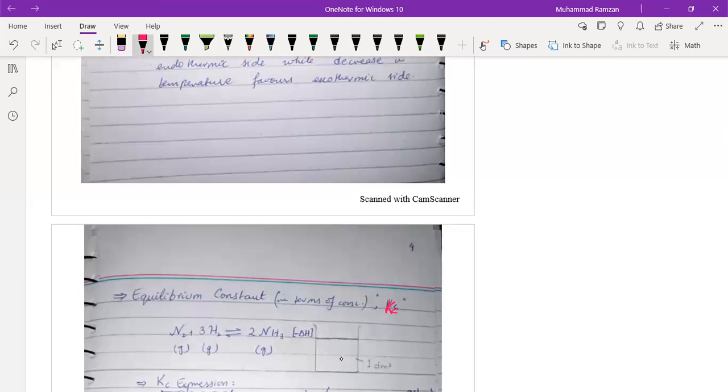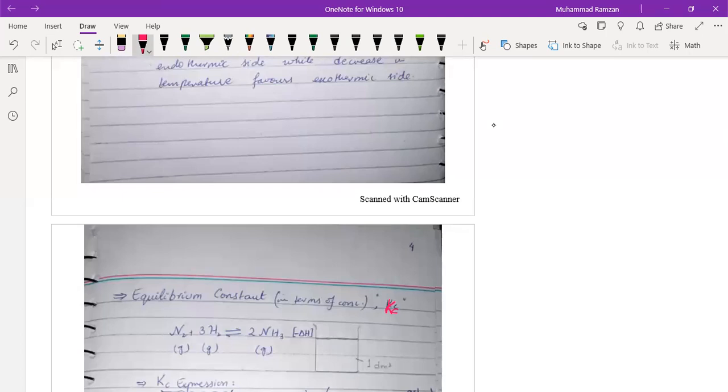When a dynamic equilibrium is achieved, you get NH3 up to a maximum level, that is a saturation point. It may be any concentration.